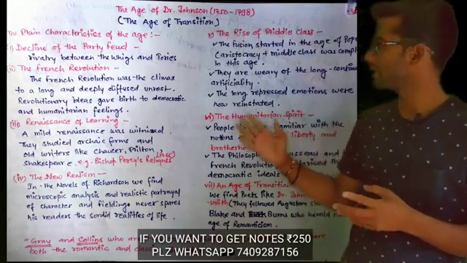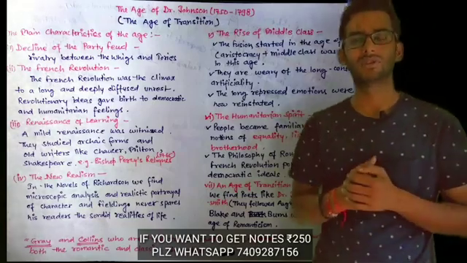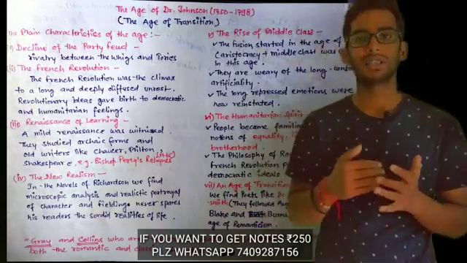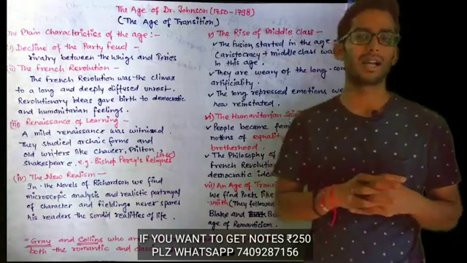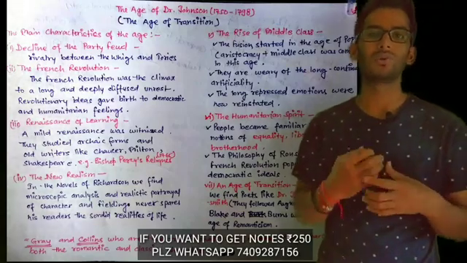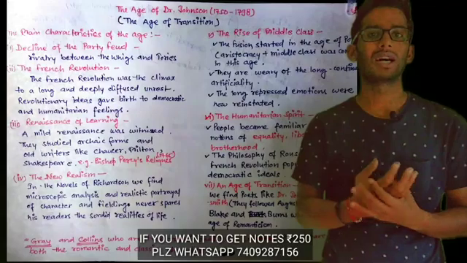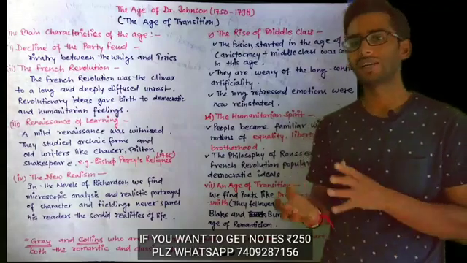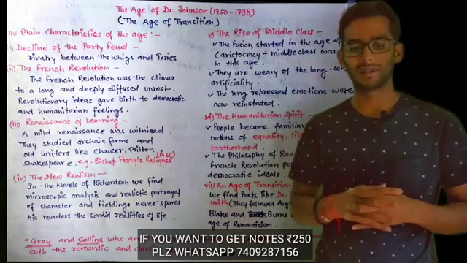So as you can see, they were interested in archaic forms of literature, and later we will see that the 18th century is also called the age of classics, because they were following rules in writing, and they wanted to study archaic forms, so the writers studied archaic forms and later they produced the same.